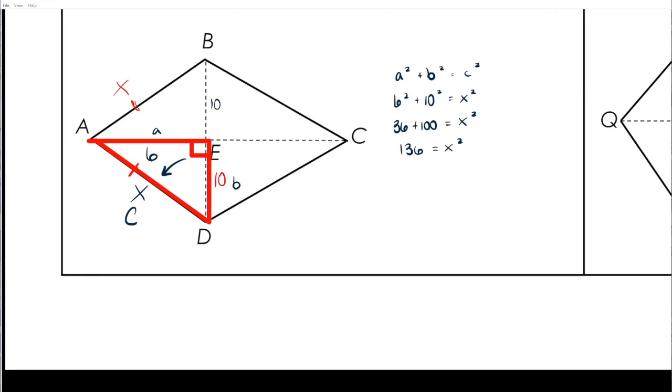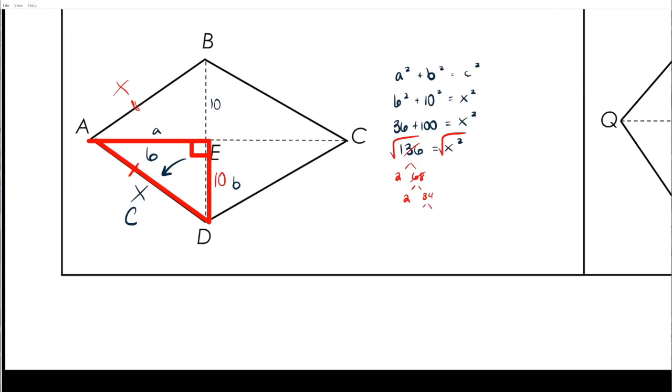And then the only way to get rid of a square is a square root. And then we can reduce 136. 136 breaks down into 2 and 68. 136 divided by 2 is 68. And then 68 divided by 2 is 34.